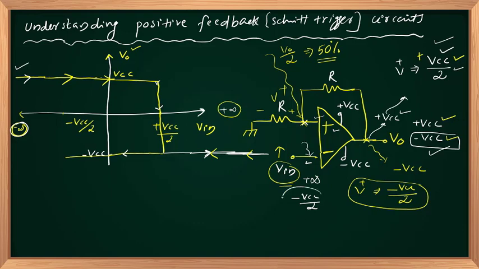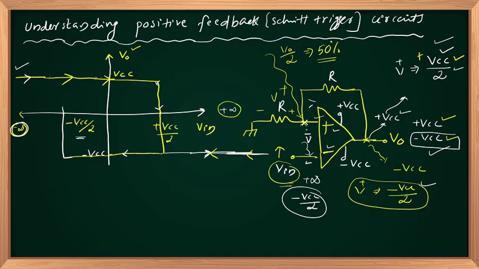If the Vin value, or V minus value, goes below minus VCC by 2, V plus will become larger than V minus, because V minus is less than minus VCC by 2 and V plus is at minus VCC by 2.